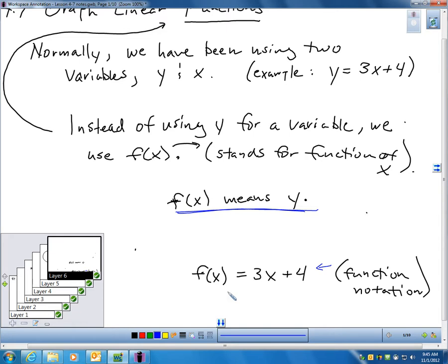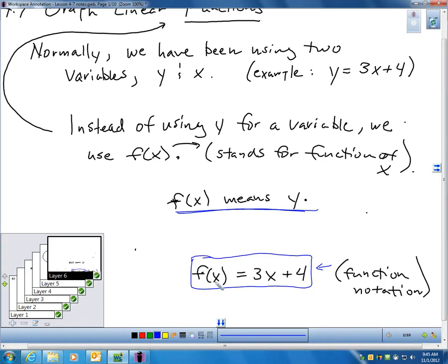And remember, when you think of a function, you can think of a box. This is telling you whatever number I plug into the box, it will take that number, multiply it by 3, and add 4. That's what function notation indicates.